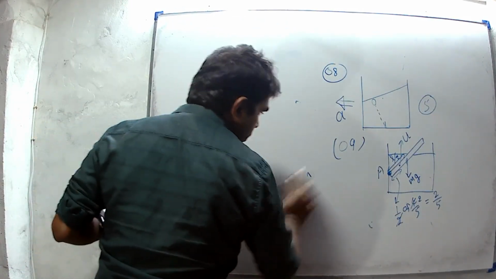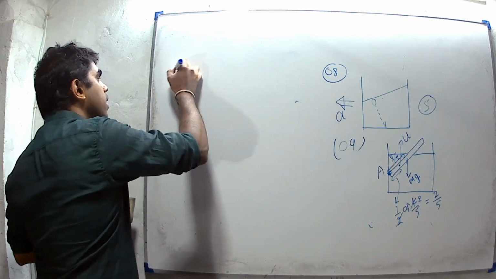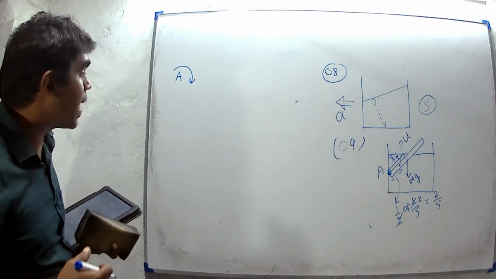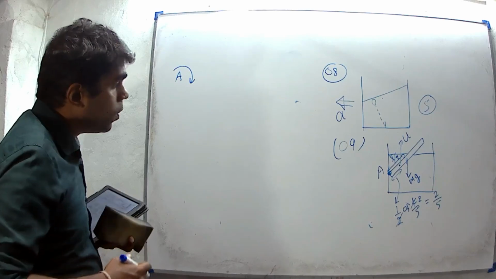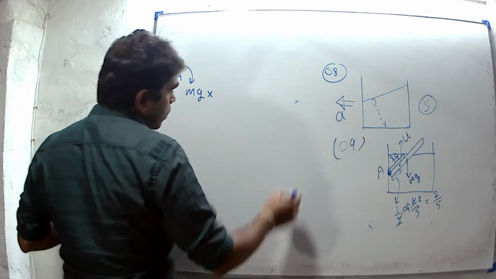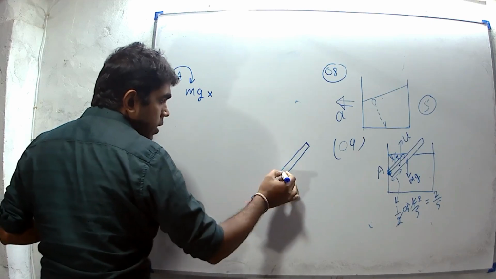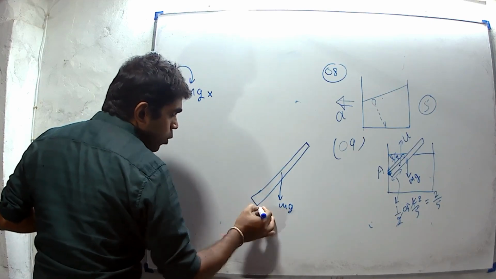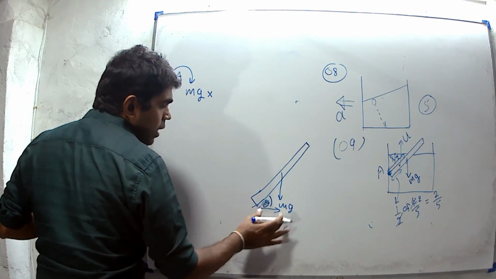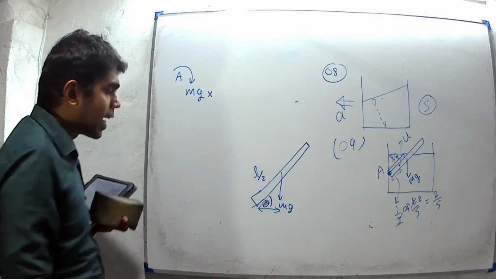Now we can get the torque around point A. In considering torque around point A, there is no torque due to the reaction at point A. Therefore, mg into, I will draw a diagram like this. For mg, we have to get this length. If this angle is theta, this is the adjacent side, and the hypotenuse is L over 2.